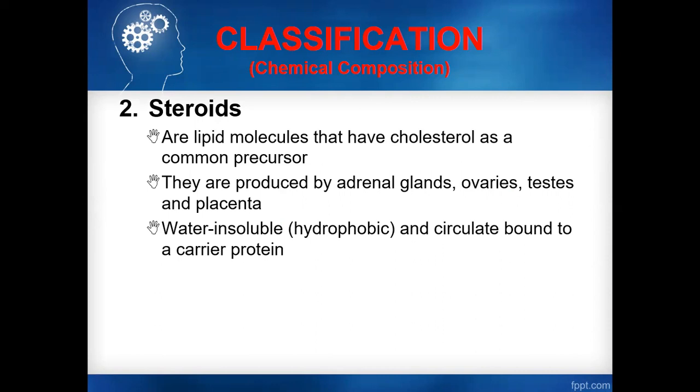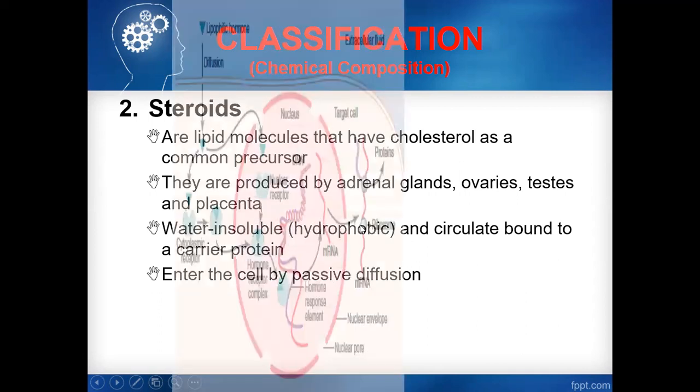Okay? Now, being water insoluble, they enter the cell easily by passive diffusion. Remember that a cell has a phospholipid layer. And being water insoluble, being comprised of cholesterol, they actually diffuse easily into the phospholipid layer of the target tissue. Okay?